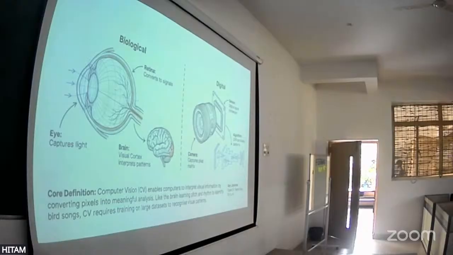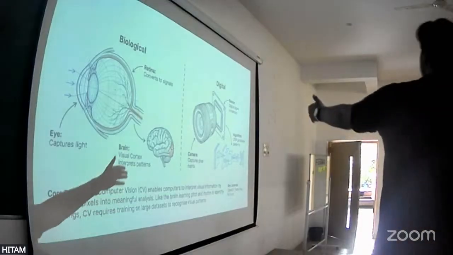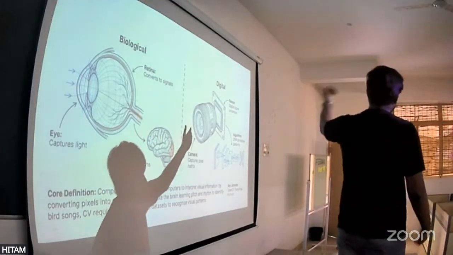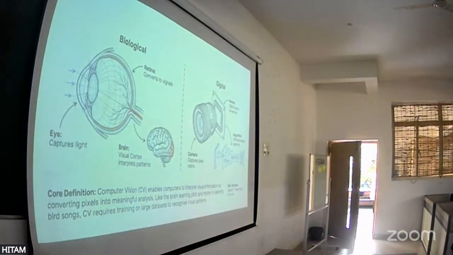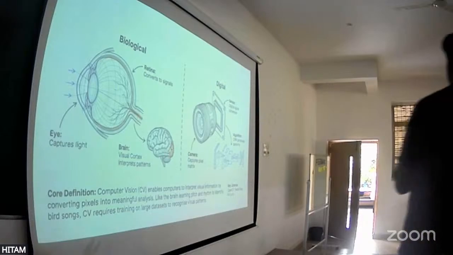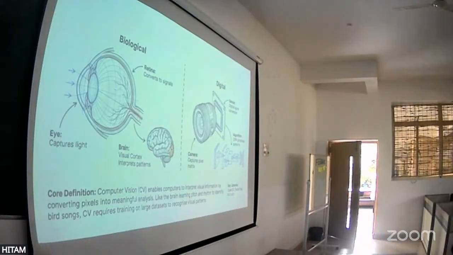An algorithm is a step by step process, a set of instructions. What we do is give all the data from the environment to the algorithm or model. It will analyze everything and understand that particular object.